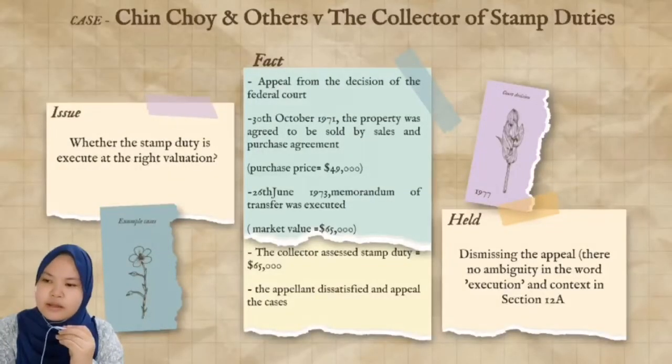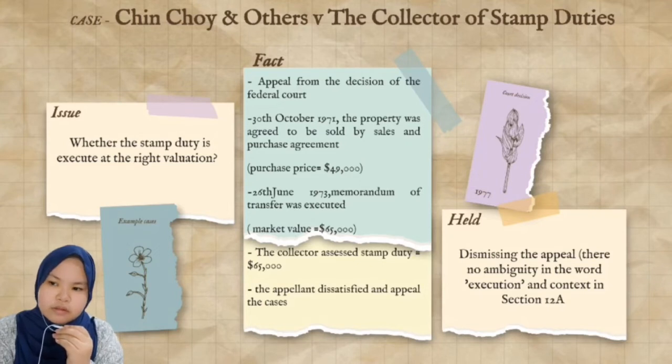Looking at the case of Chin Choy and others versus the Collector of Stamp Duty, the issue is whether the stamp duty is executed at the right valuation. The facts of the case: this is an appeal from the decision of the Federal Court. On 30th October 1971, the property was agreed to be sold by a sale and purchase agreement.